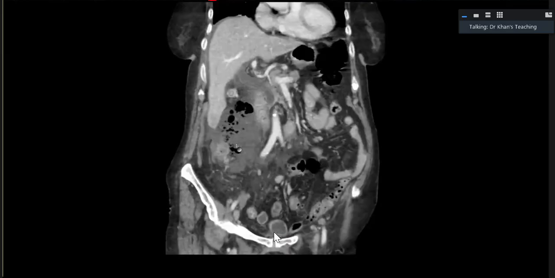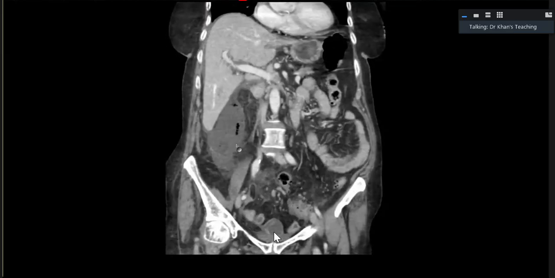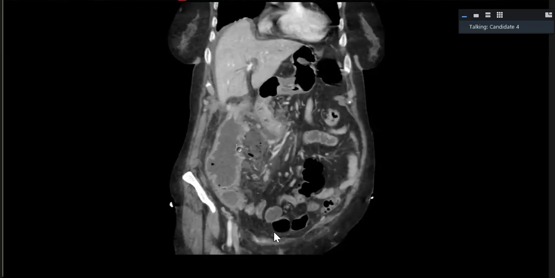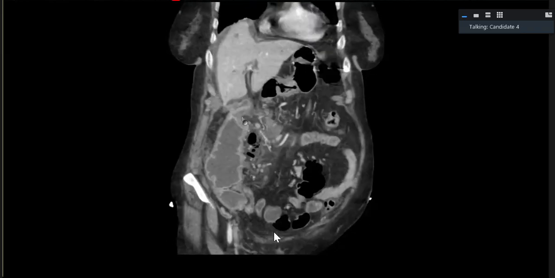So the location of the perforation is where? Sir, it's at the level of the hepatic flexure. Stricture narrowing is present, beyond which the whole of the colon is normal in caliber. Okay, thank you.